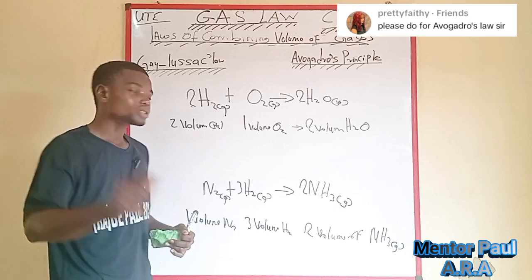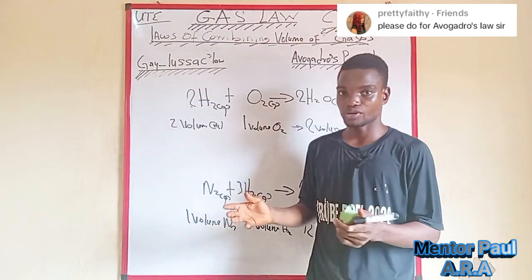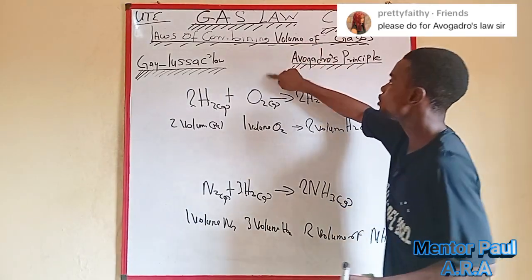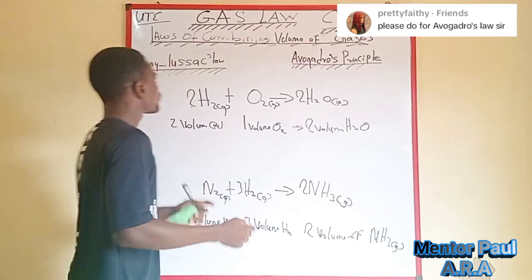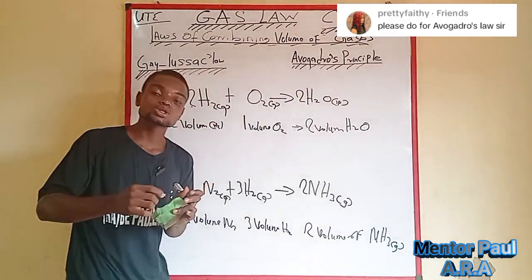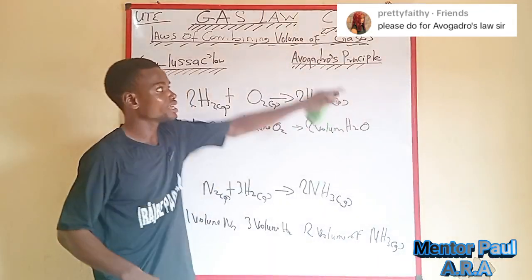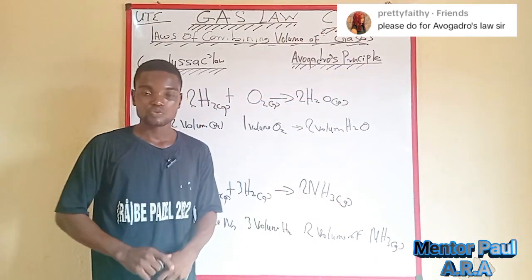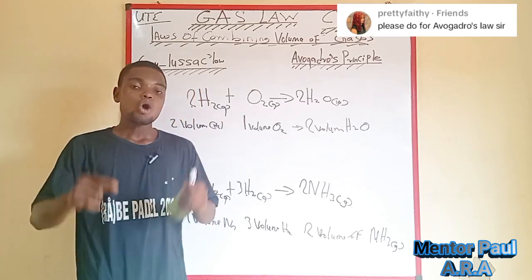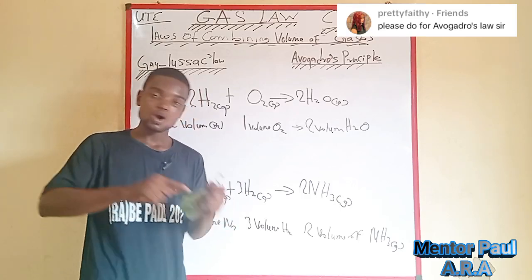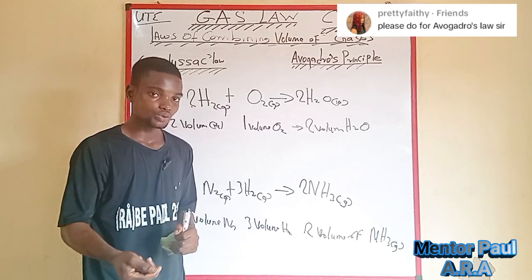However, when Gay-Lussac died, may he rest in peace, another scientist known as Avogadro made a link from Gay-Lussac law to Dalton's theory. This is Avogadro's principle, where he stated that the volume of all gases under the same condition of temperature and pressure contains an equal number of molecules.